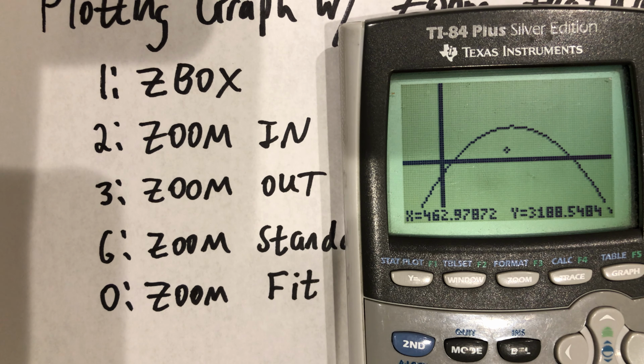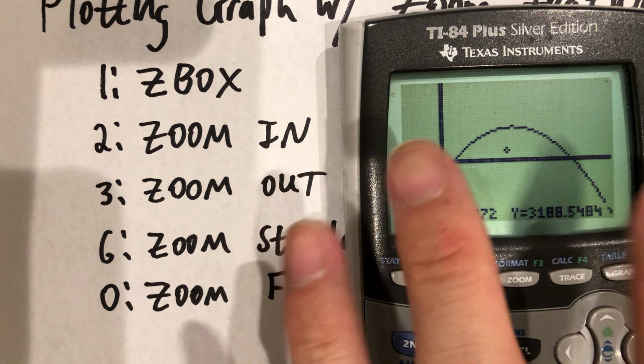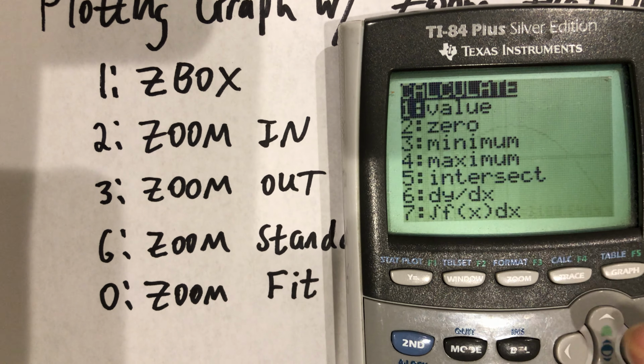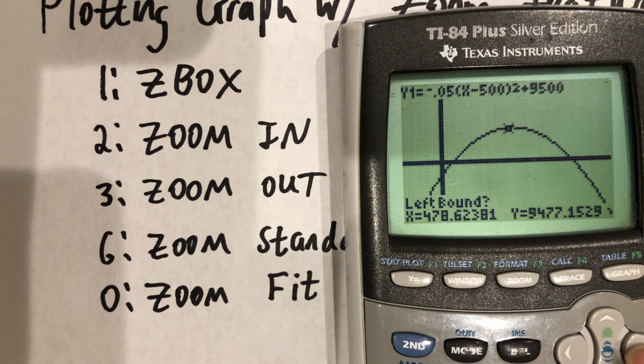And cool, not bad. So we can see a clear picture of where the intercepts are, and also the max and min. Or I should say in this case, the max. And of course we could just use our zoom or calculate features to find the maximum.